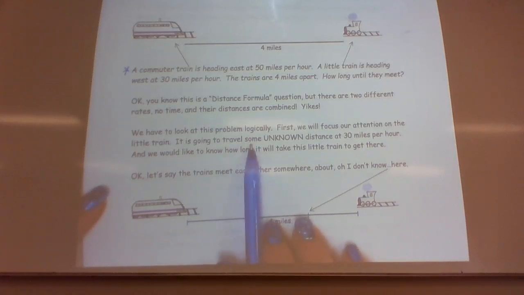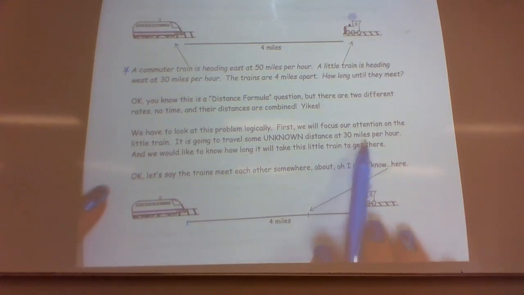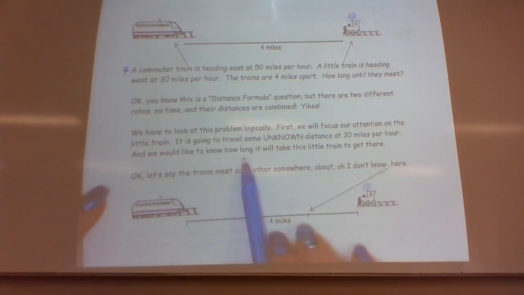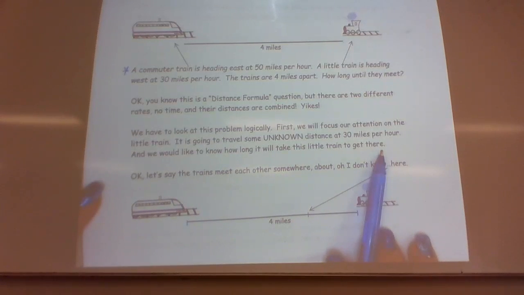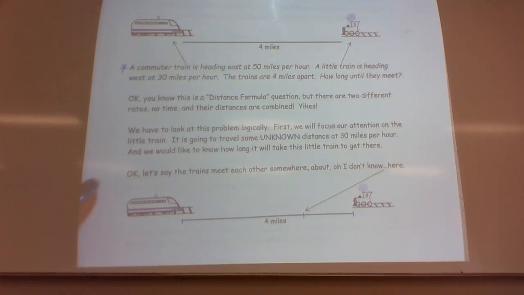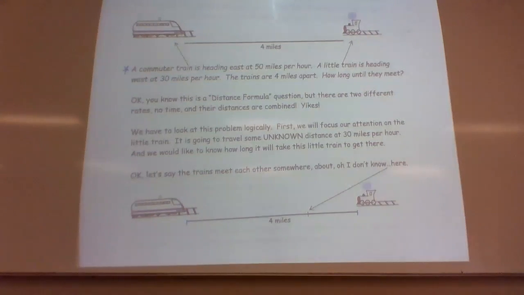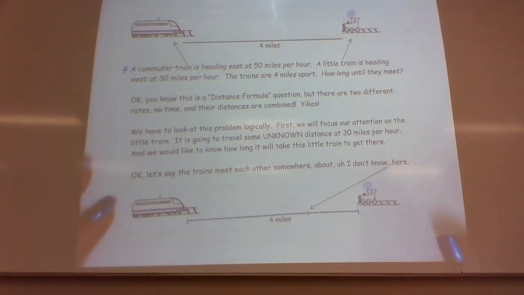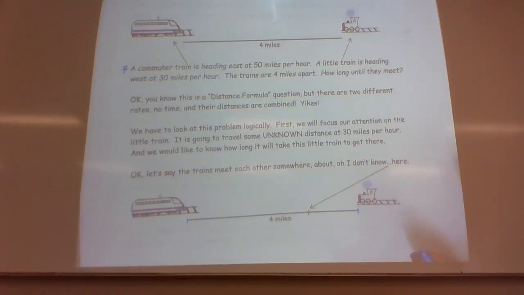It is going to travel some unknown distance at 30 miles per hour, and we would like to know how long it will take this little train to get there. We know that the trains are going to meet somewhere, but we don't know where. We're just going to put a spot there. And this is on page 23.